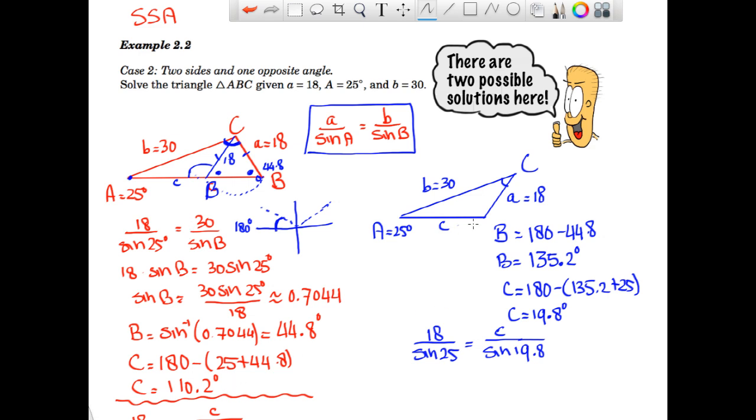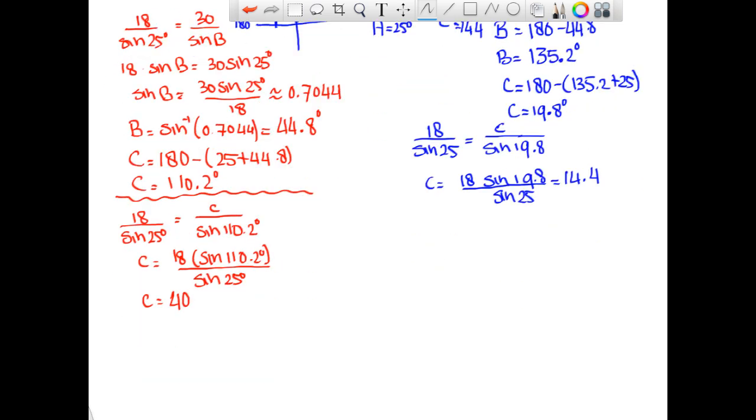In this case C should be much, much smaller, right? So side C is going to be 18 times the sine of 19.8, and we're going to divide that by the sine of 25, and when you do that, then C could have been 14.4. So C could be 14.4 as well. So I need to fill that in as well, right? 19.8. So there are two triangles possible, and that's why it's the ambiguous case.